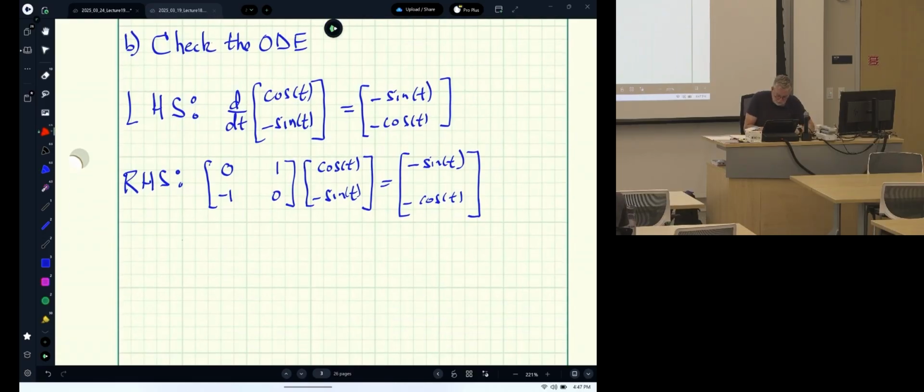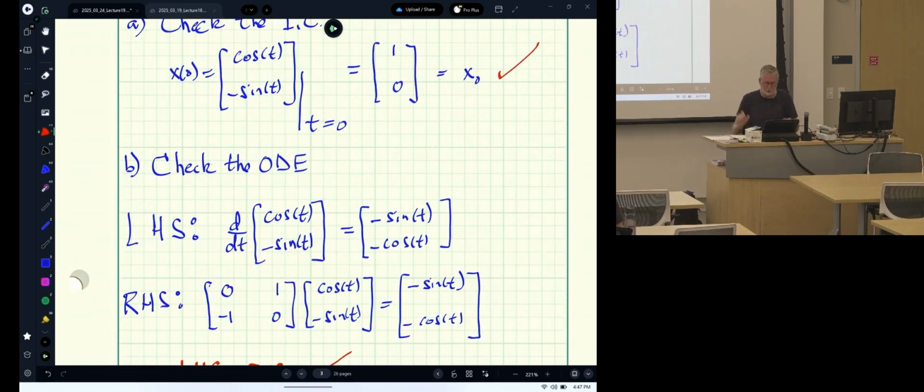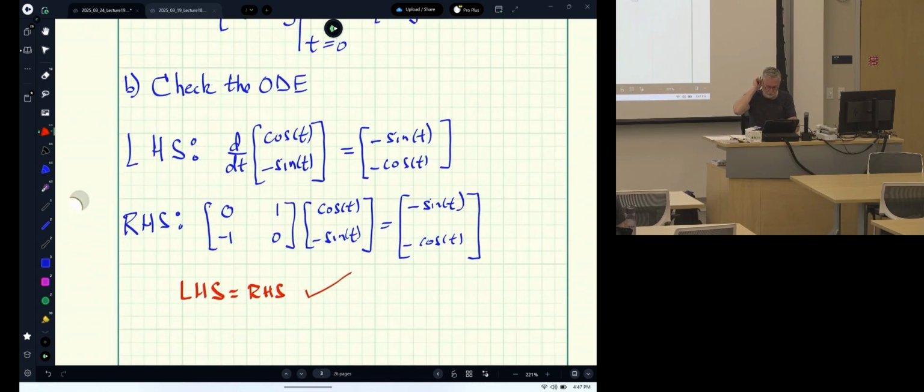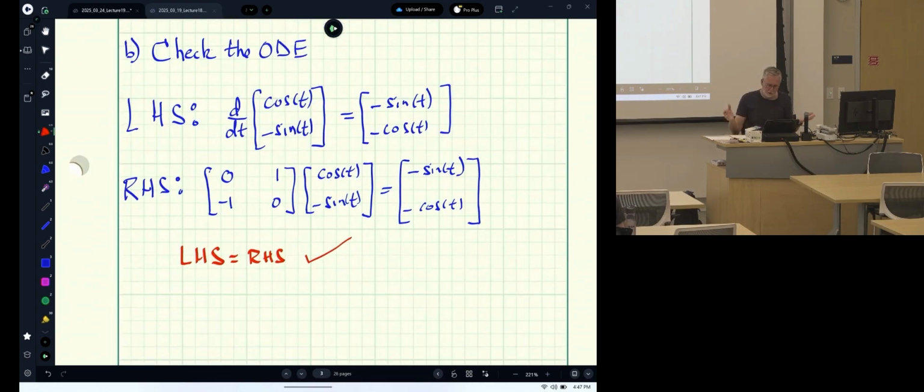And we have left-hand side equals right-hand side. So it's a solution. It's that simple. It's that mechanical. So someone proposes a solution to you. It's similar to someone proposing a solution to a quadratic equation or a cubic.